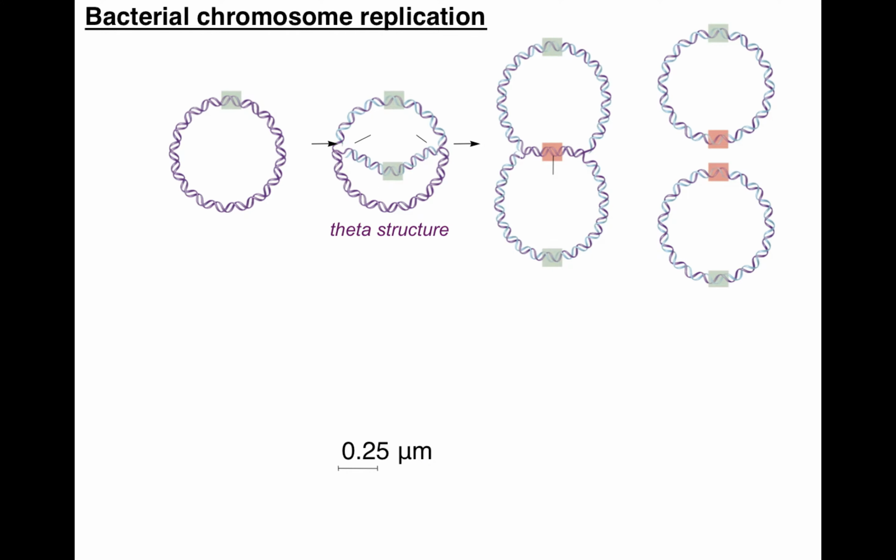A bacterial chromosome is a circular chromosome, and it has a specific origin of replication, nucleotides of a specific sequence to which the proteins of the replication machinery bind. Once DNA replication is initiated at the origin of replication, it proceeds around the circle to create two replication forks.